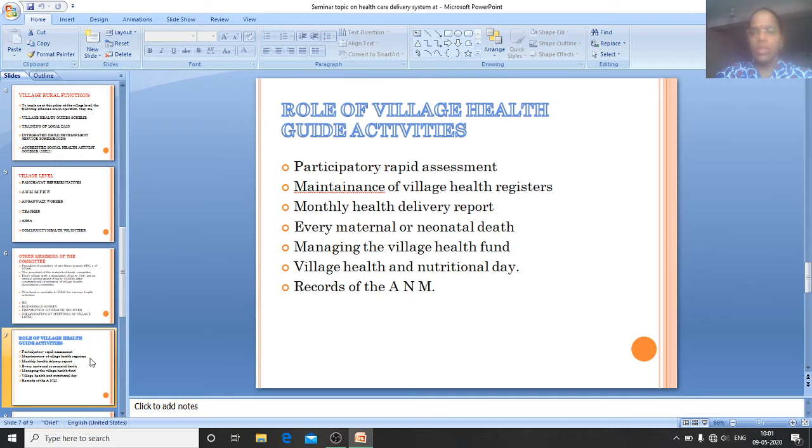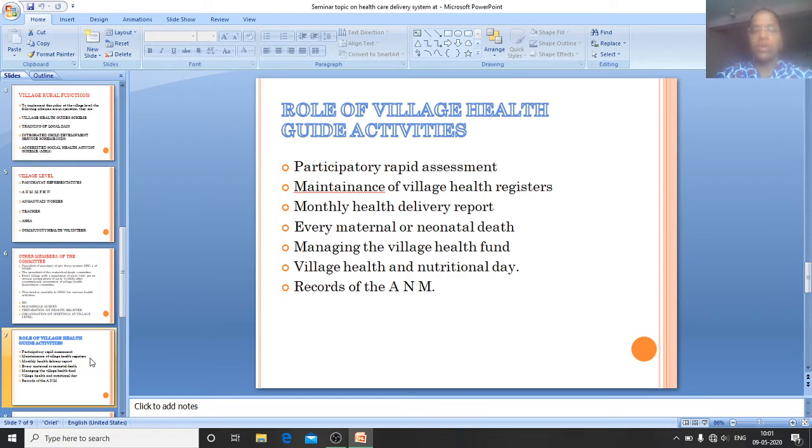Role of the village health guide. What activities will they perform at the village level? They participate in the rapid assessment, maintain village health registers, prepare the monthly health delivery report, report every maternal or neonatal death, manage the village health fund, and organize the village health and nutritional day, that is the celebration of nutritional day or World Health Day.